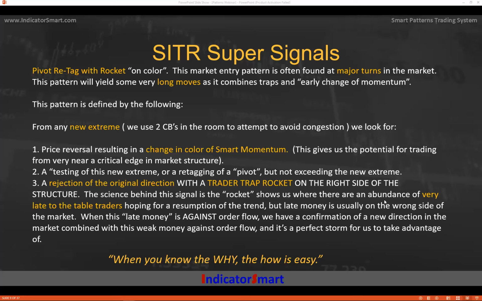Basically what it shows is there's an abundance of Johnny and Jill come-latelys that are afraid they're going to miss something. And wouldn't you know it, they're going to get hit once again, over and over and over, to move the market in a direction. I don't think anybody would argue this is a pretty incredible market happening that happens over and over.